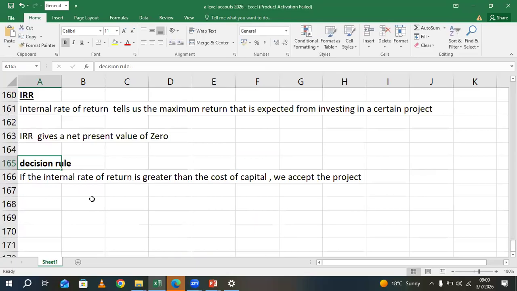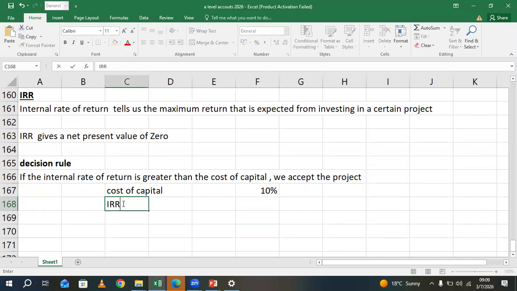So if our cost of capital is, let's say, 10%, this is the minimum. We accept any project with a return above 10%. Then our IRR, we are expecting to get 13% as the return.